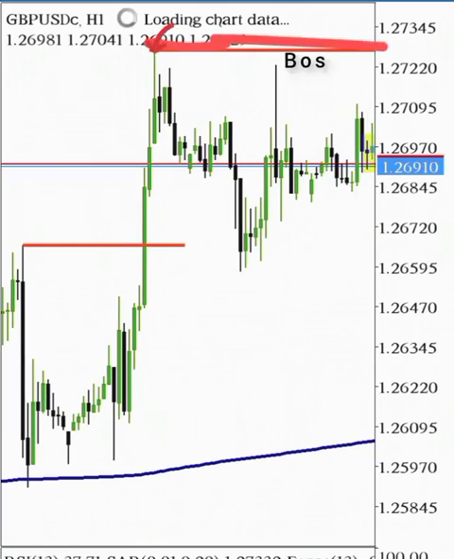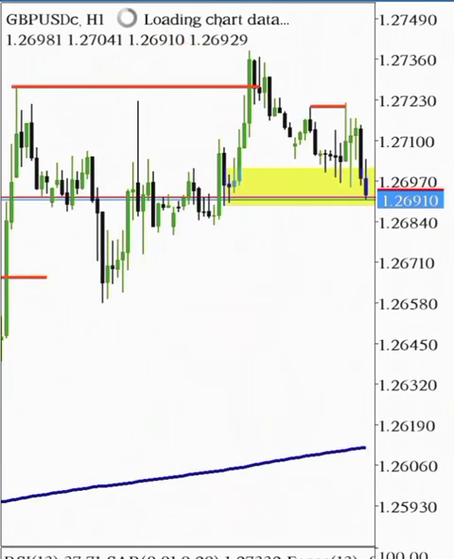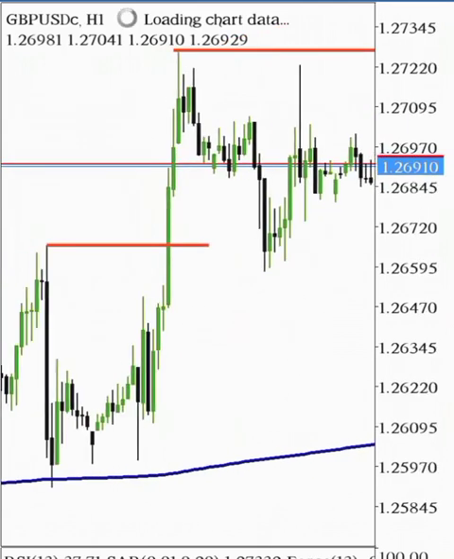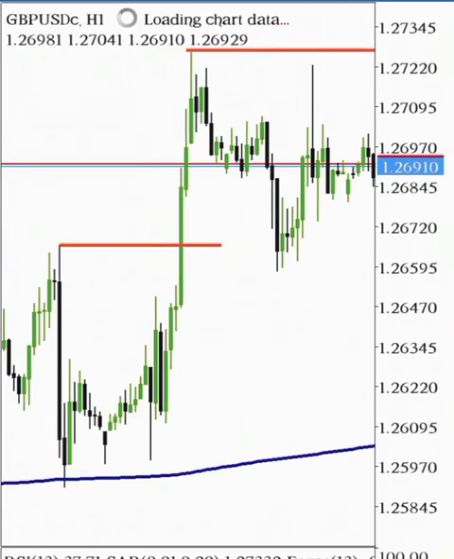Let me see, was it broken? Yes, it was broken by this candle. So each time we have a break of a high, the market will likely reverse. Look at this. We had a break of this particular high. What happened? The market reversed.